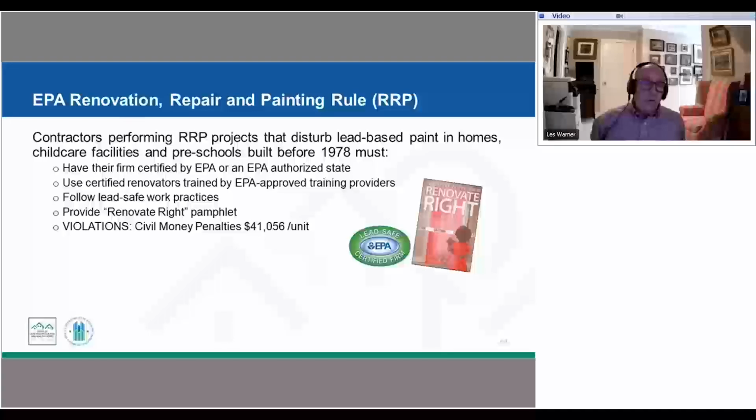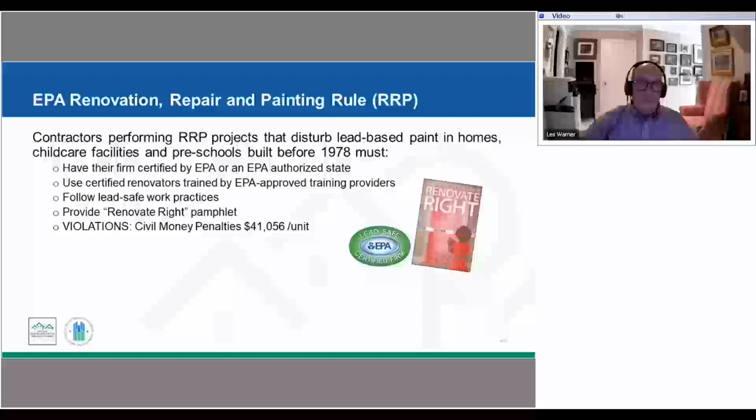They're always going to need to follow lead-safe work practices, which we're going to talk about a little bit later. But they also are required to provide a Renovate Right pamphlet, and we've got a visual here of that. There are civil penalties in place of $41,056 per unit if they fail to do that.